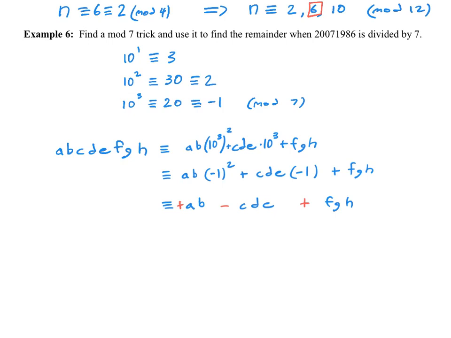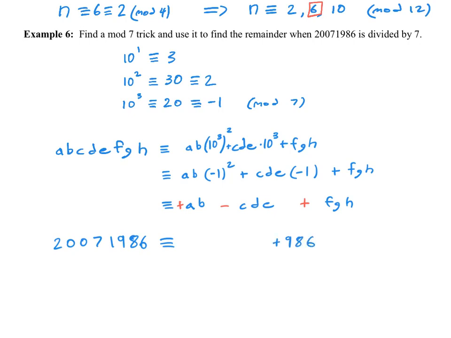Okay, so let's put our example to the test and try to deal with an actual number. So my number is 2007,1986, and I want to take that number, separate it into groups of 3. So 9, 8, 6 is my first group.